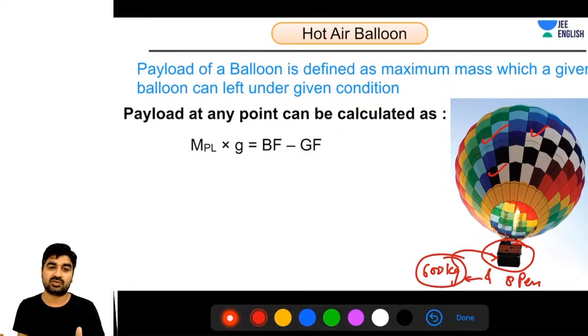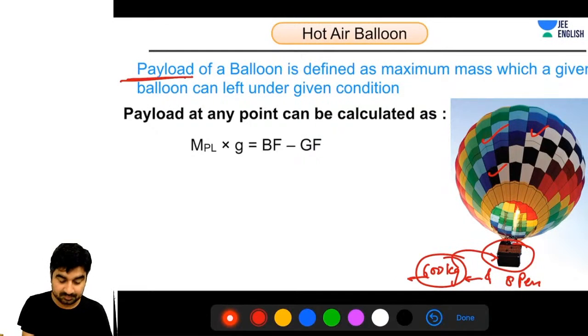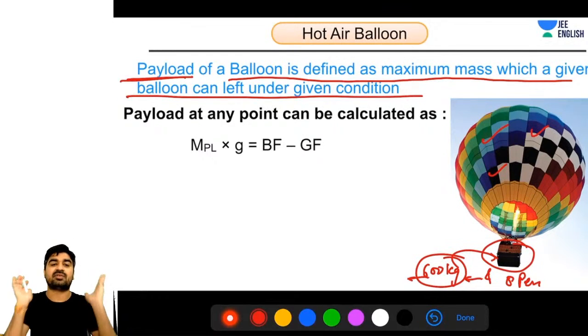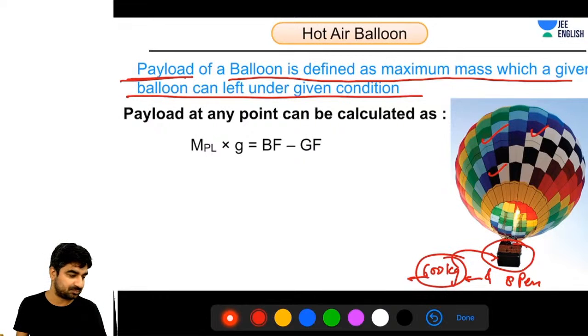If you use more than that, this will not fly. That mass, that 600 kg, is called the payload. First you have to understand what payload is. The payload of a balloon is defined as the maximum mass which a given balloon can lift under the given conditions. So how will you determine the amount or mass of payload, guys?